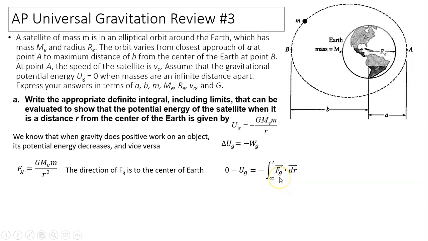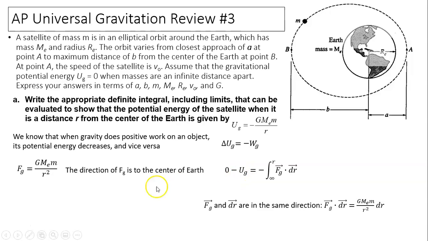In that case, F_g and dr are in the same direction, the angle between the two vectors is 0, and cosine 0 equals 1. So F_g dot dr is just the product of the magnitudes.